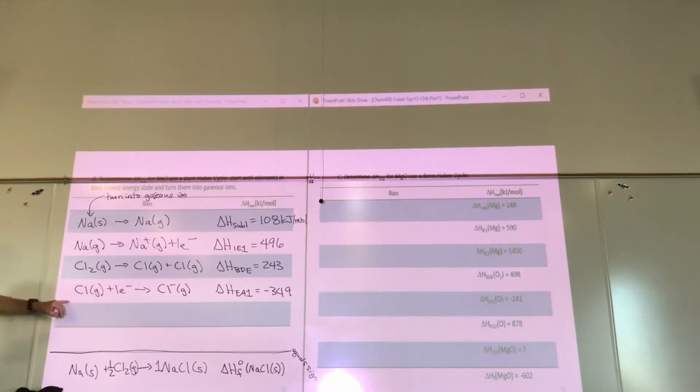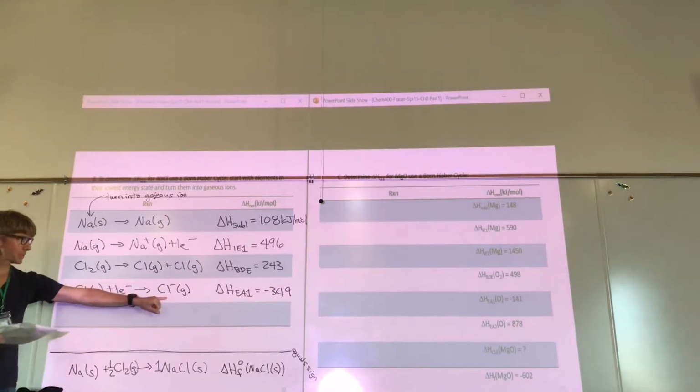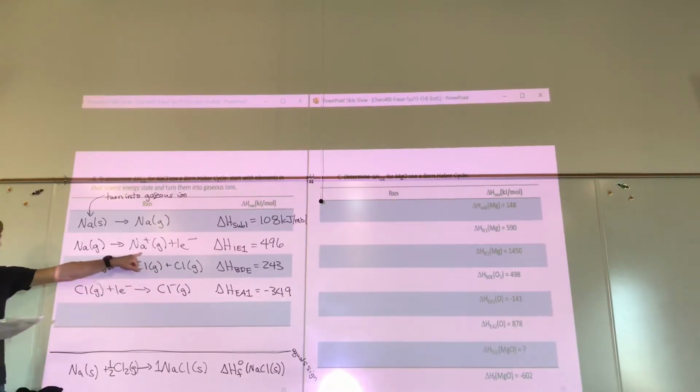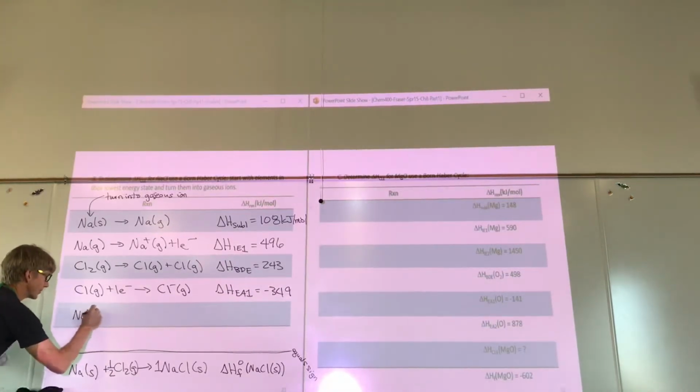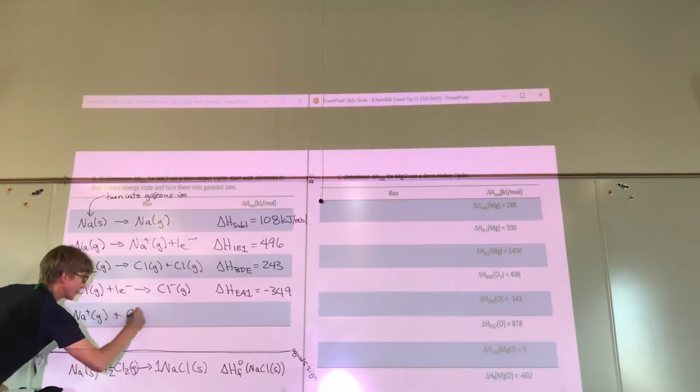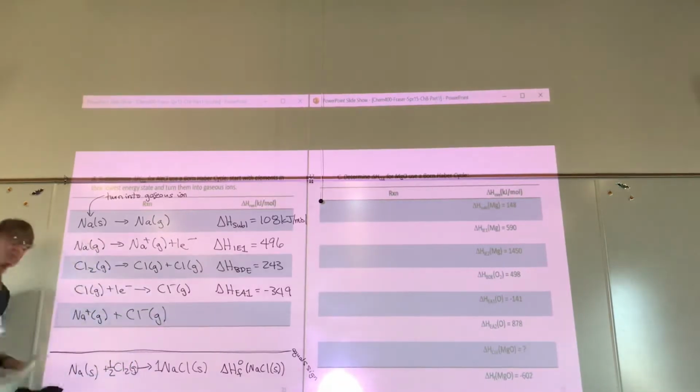All right? Okay, so now we've got gaseous chloride ions, gaseous sodium ions. Now it's time for the crystal lattice energy reaction. Crystal lattice energy, again, I know we just introduced this last Wednesday, was it? And we haven't seen each other since then.